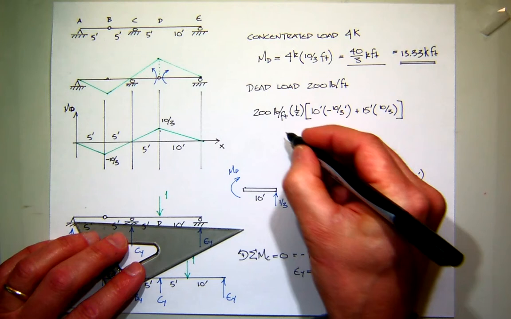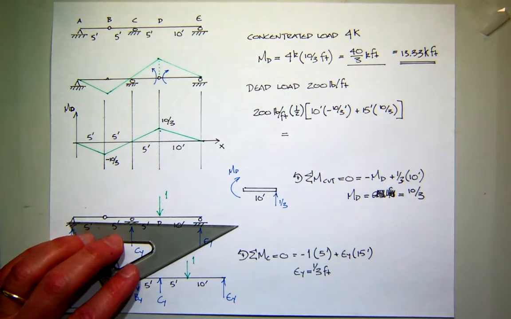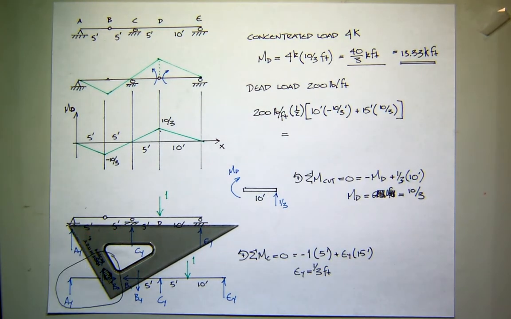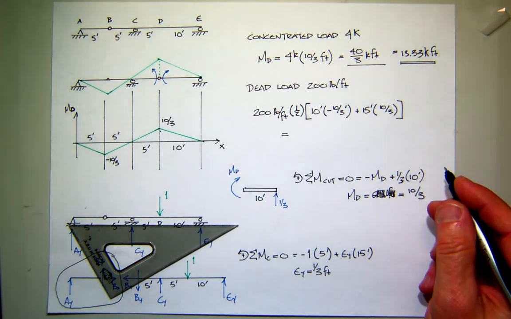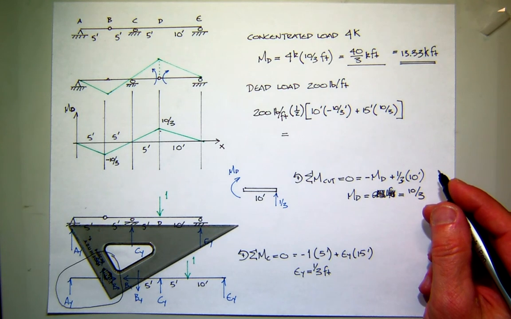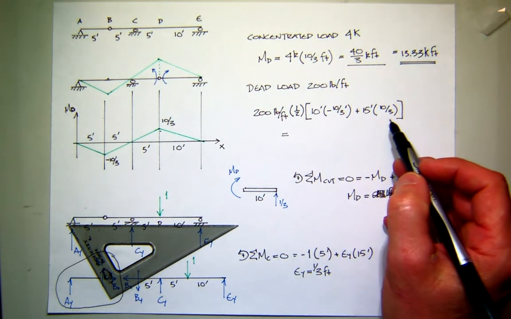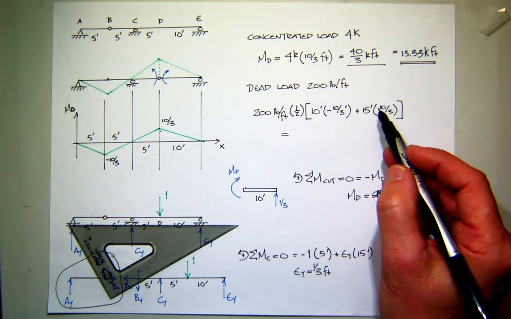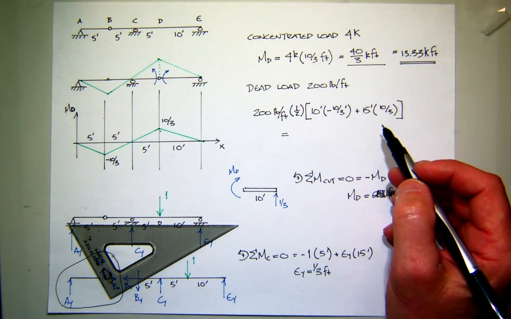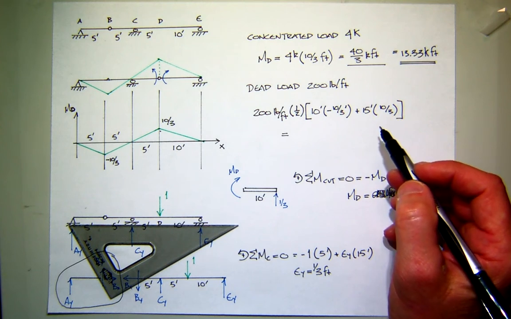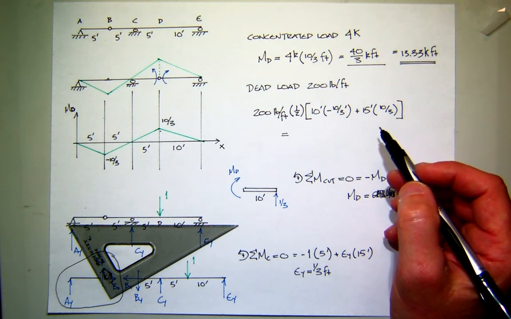So what's that equal to? 150 over 3. Somebody calculate all that. This looks like 50 over 3 times 100, so that's 500 over 3. What's 500 divided by 3? 160 something?